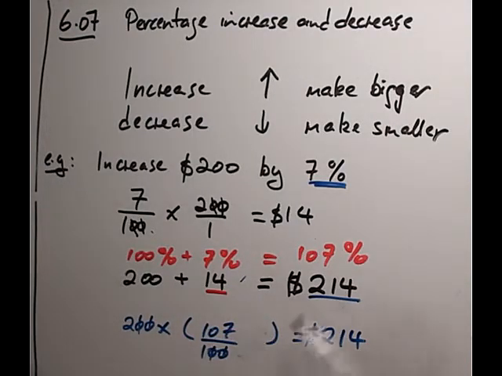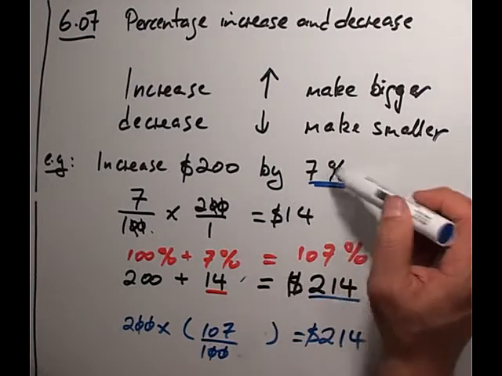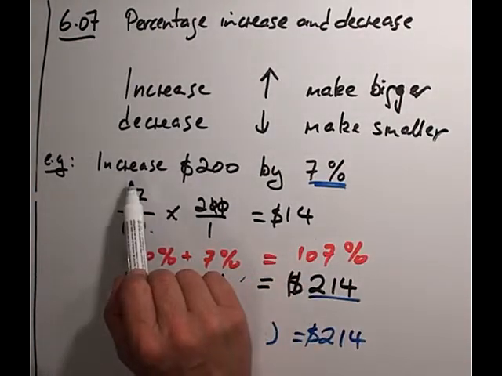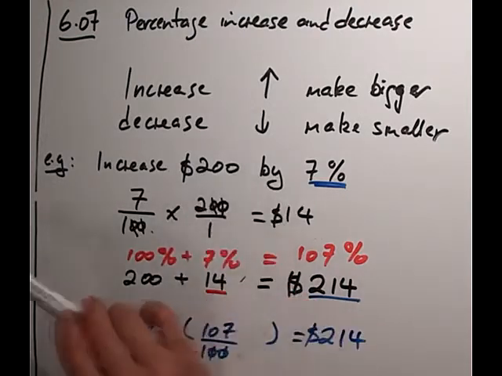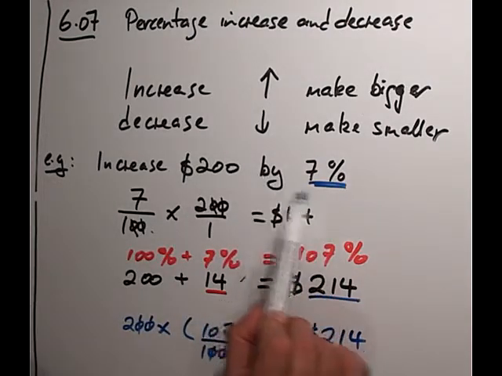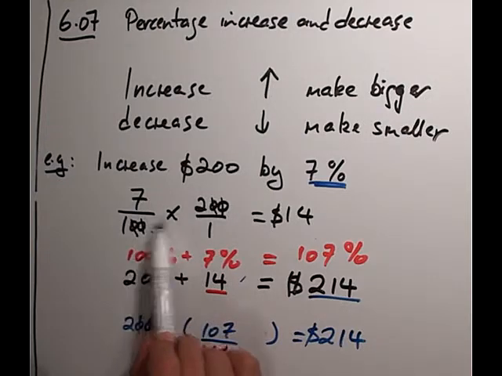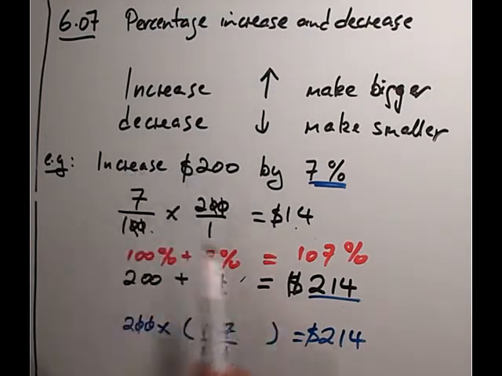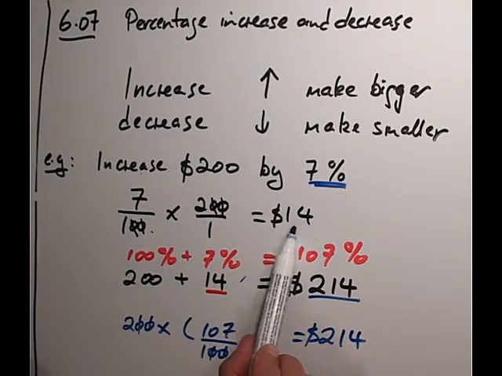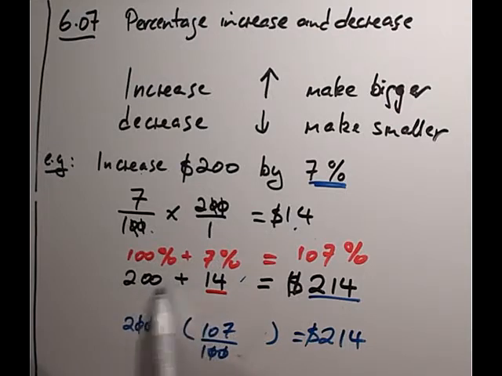So, just recapping, I can calculate it separately. If I'm asked to increase $200 by 7%, I can work out first what is 7% of $200, and I found that to be 14. And because it asked me to increase 200 by that amount, I add the 14 to my 200, and that's my final increased amount.